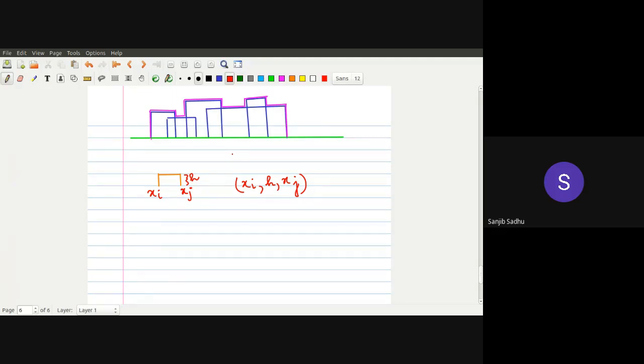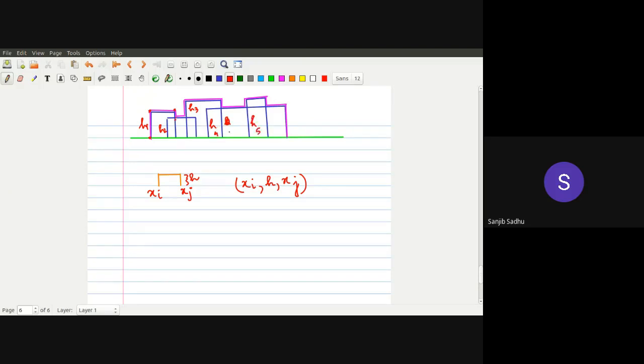And what will be the output? The output is first this value, then height, then this value, then height. Suppose this building is h1, this is h2, this is h3, this is h4, and this is h5.